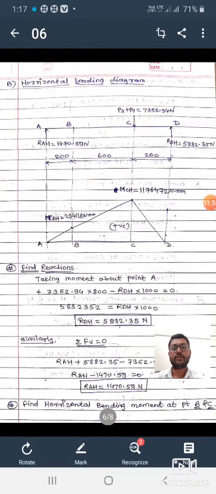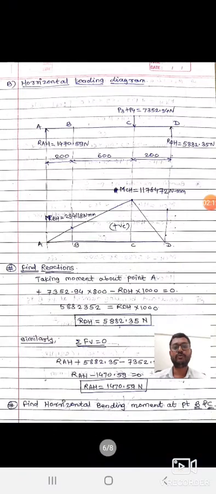It is a clockwise moment, that's why we take the sign as positive, minus the reaction of the second load, that is vertically upward, RDH, into the perpendicular distance between points A and D, which is 1000, and the sign is negative because it is an anticlockwise moment.